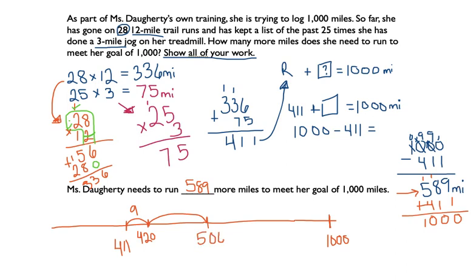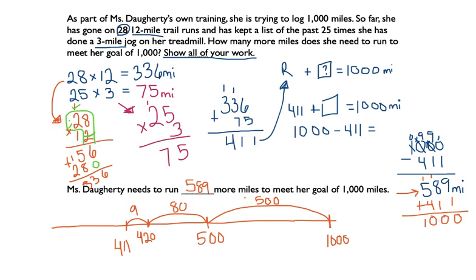How many more miles did she need to go? That would be 80 more miles to get 420 up to 500. And then my final jump is a nice friendly jump, 500 miles up to 1,000 miles. She needs 500 more miles to make that distance.